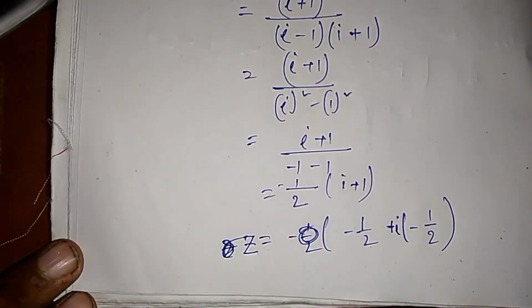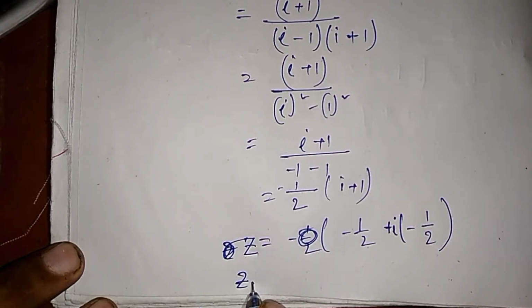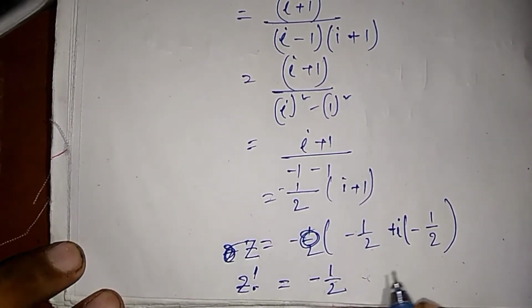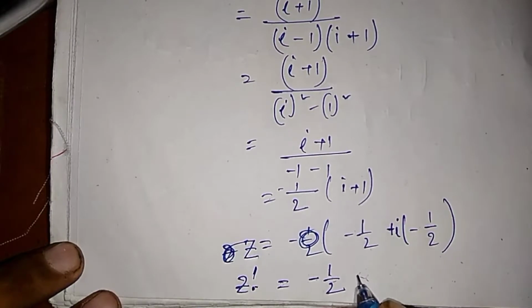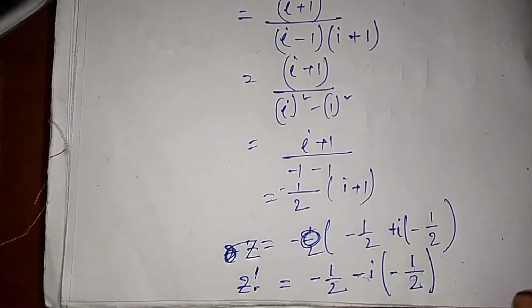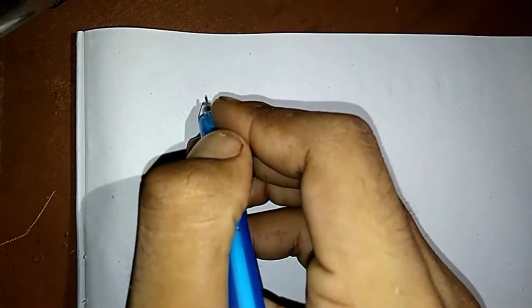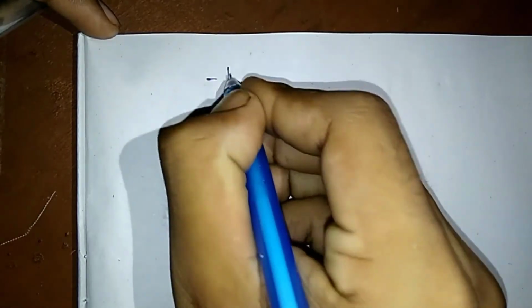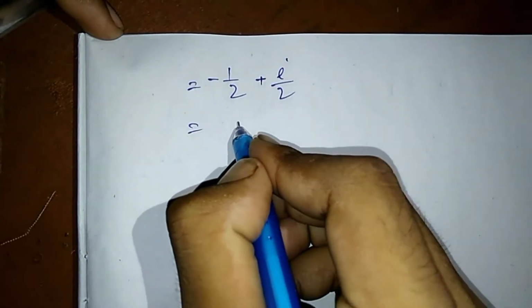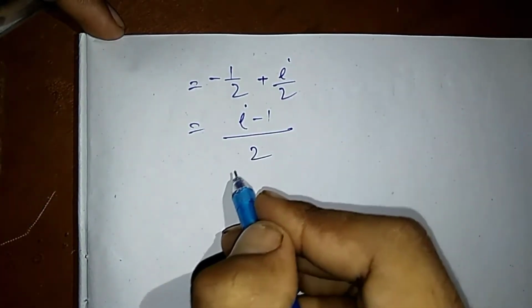So this is the complex number, and the conjugate of the complex number is z dash equals minus 1 upon 2. i becomes minus i, so minus i into minus 1 upon 2, which implies minus 1 plus i upon 2, which is equal to i minus 1 upon 2.